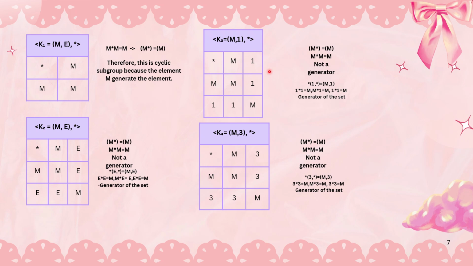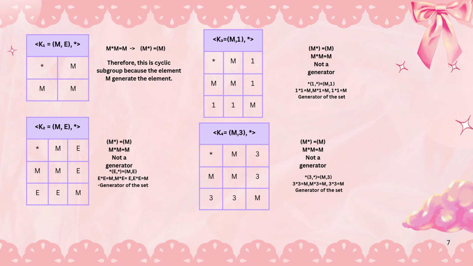Now for the next case, as M operates by itself, it is not a generator. Therefore, the generator is 1, because we have the elements M and 1. As we operate 1 by itself, we have the element M. Then M operates 1 is equal to 1, and 1 operates 1 is equal to M. In this subgroup, the generator is 1.